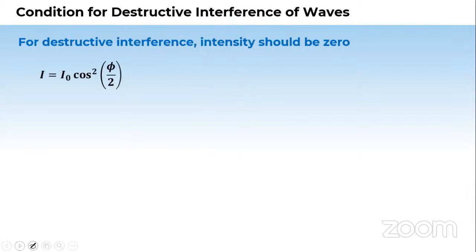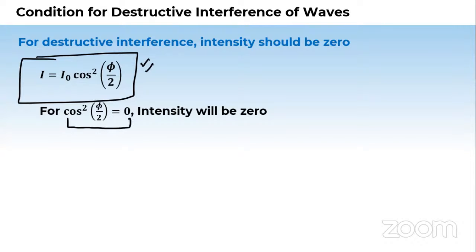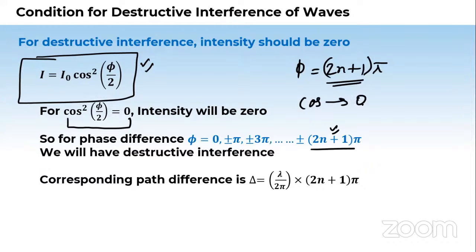For destructive interference, let us now see the condition fast. We have already derived all the formulas. But for destructive interference, remember, intensity should be 0. For this cos²(φ/2) will be 0, and we'll get these angles. This is a general angle, φ equals (2n+1)π, which will give you cos(φ/2) to be 0.